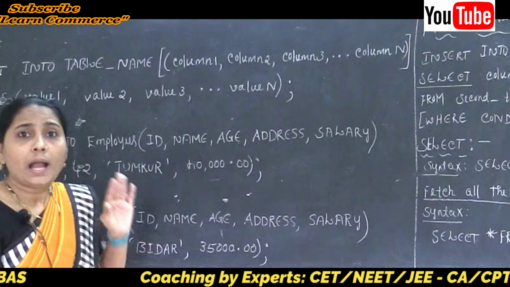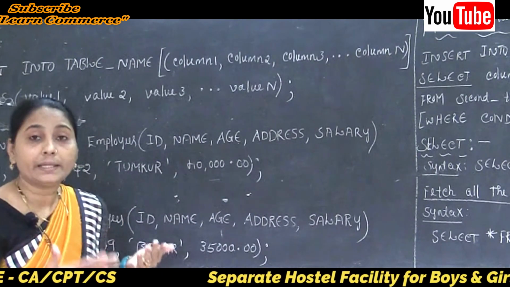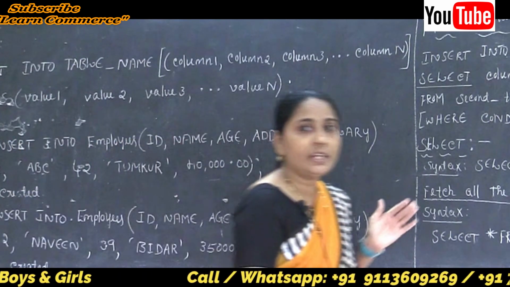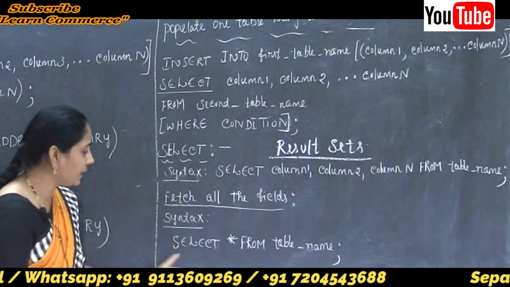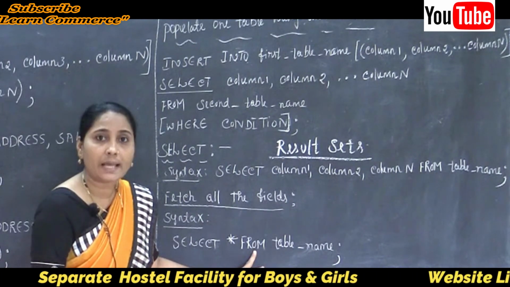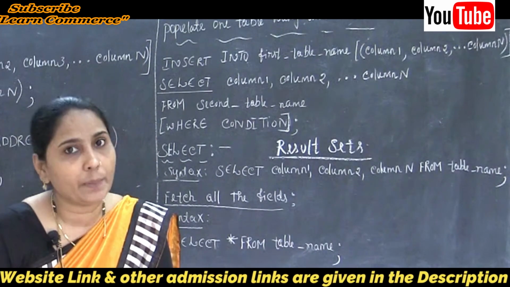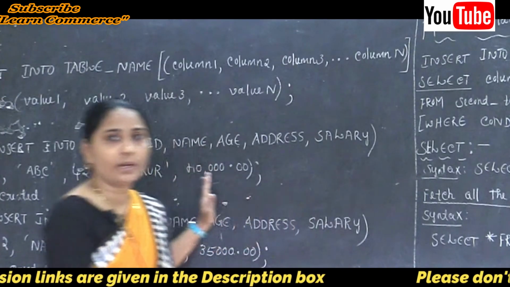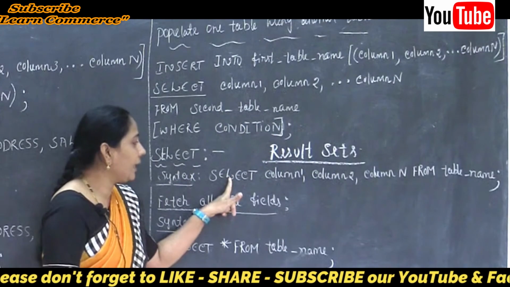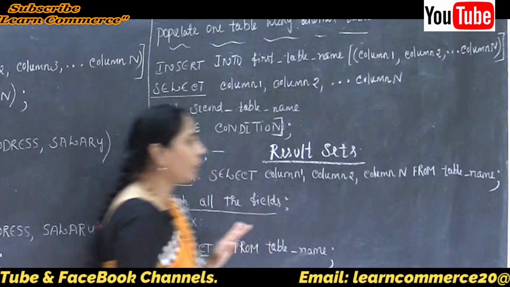But if you want to access all the columns available in the table, however many columns there are in table employee, then we need to use this syntax: select star from table_name. Clear this point? If you use select star from table_name, every column in table employee is accessed one after another. And if you want only some columns, use select column 1, column 2, column n from table_name.